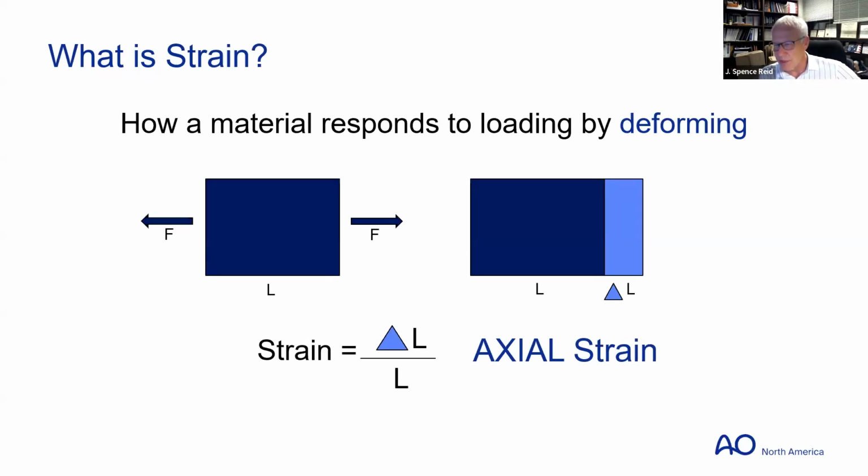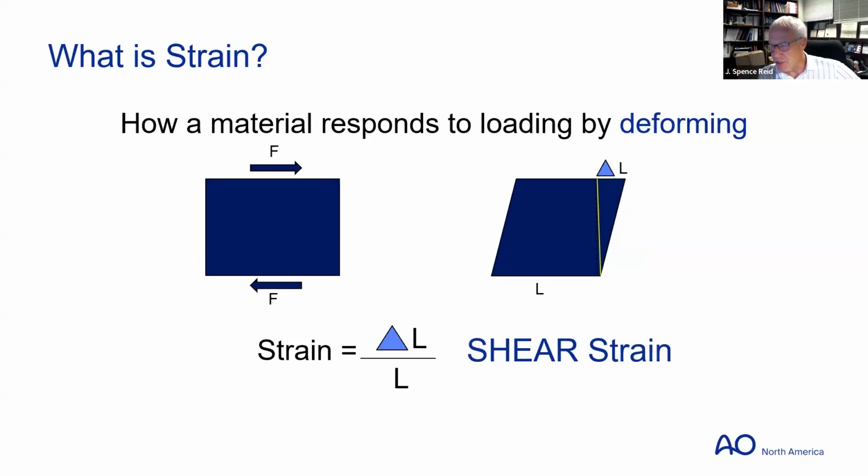So it's always a ratio of where it started and where it is. This is axial strain. If we look at shear strain, now we're looking at how the material changes shape in an oblique pattern. We can also quantitate this by the change in shape, delta L over the original length. So it's always a ratio of how much it moved over where it started.